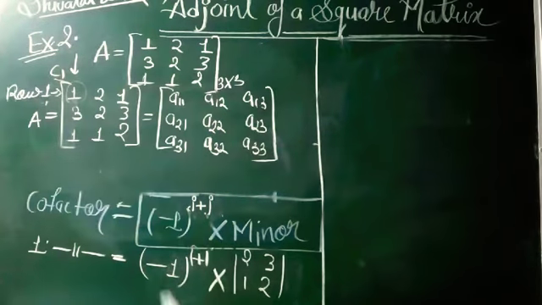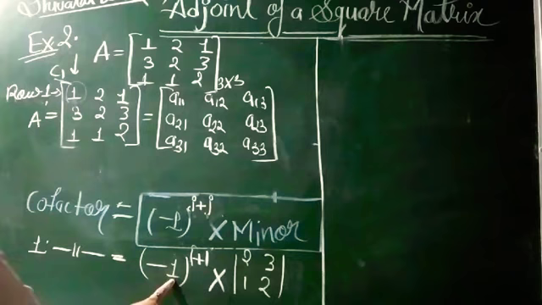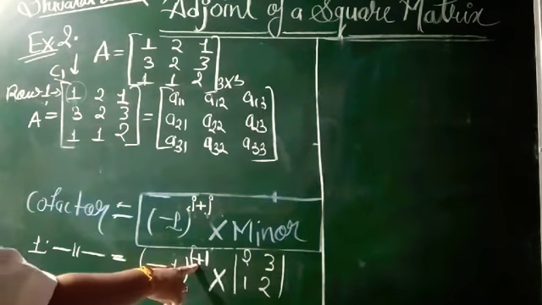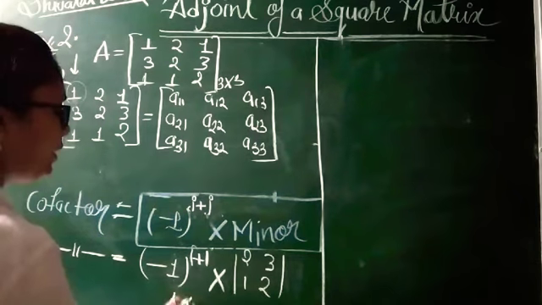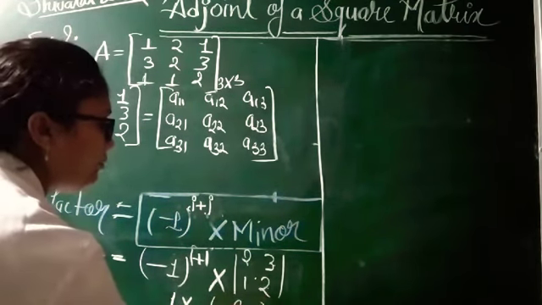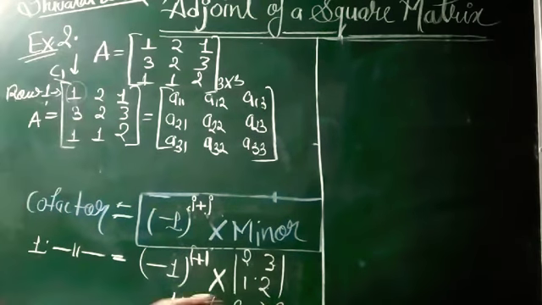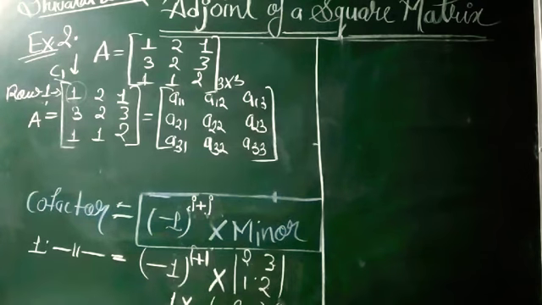And we know how to solve this. Here you see, negative 1 raised to 2 is positive 1. So here we write only 1 multiply 2 2s are 4 minus 3. That means 1. 4 minus 3 is equal 1. 1 multiply 1, it will become 1.